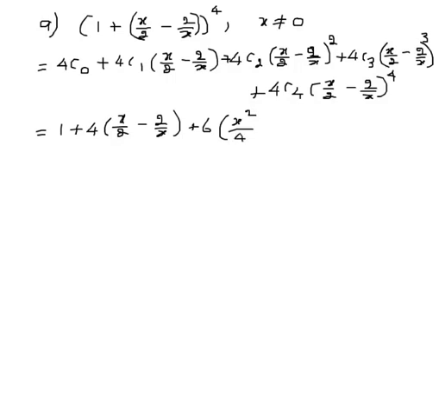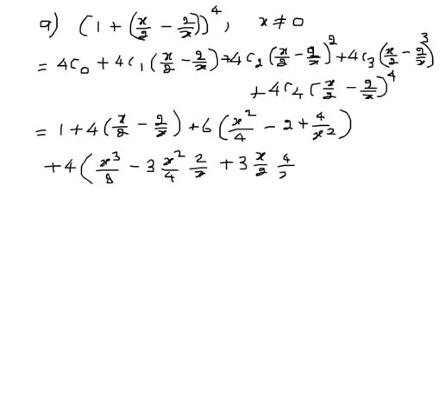A square term minus 2ab term, x by 2 and 2 by x will get cancelled, plus b square term. 4C3 is 4. (A minus b) the whole cube: a cube minus 3a square b plus 3ab square minus b cube.